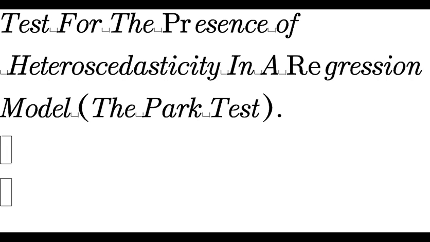Like I said before, the Park test is a test we can use to verify if there exists the problem of what? Heteroscedasticity in a regression model, or variability in the variance of the error term of a regression model.